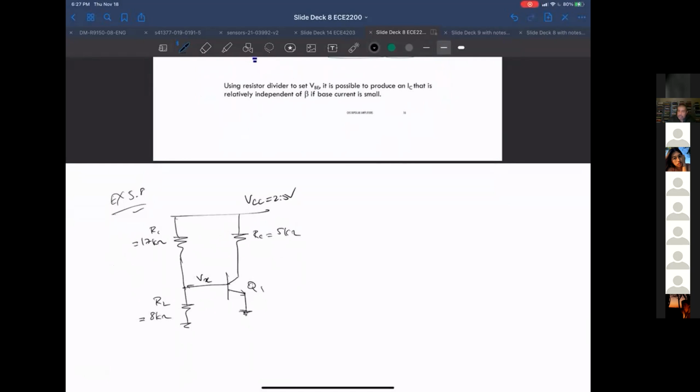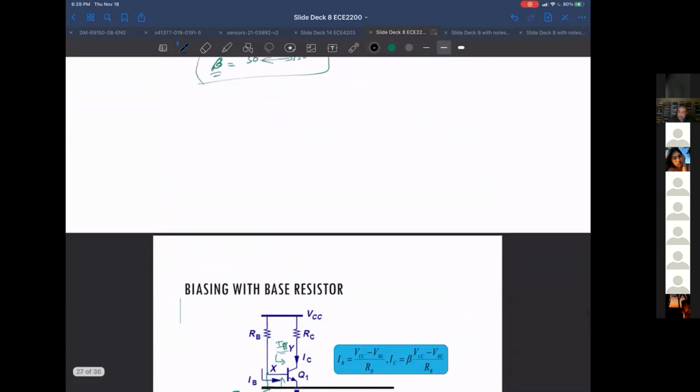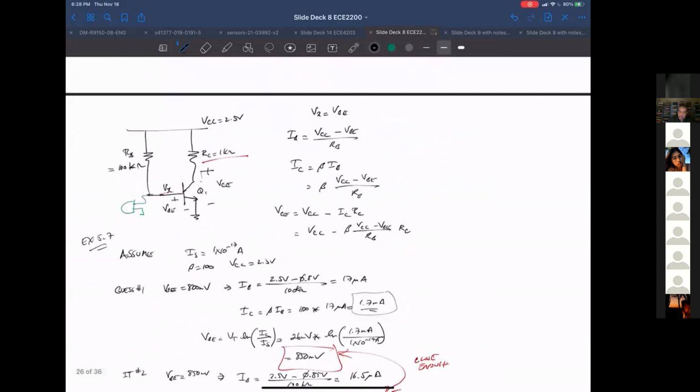So right off the bat, notice one thing. In the first example, I was using R sub B of 100 kilo ohms. The reason I was using 100 kilo ohms was because I wanted a fairly large voltage drop from a small I sub B. I knew my I sub B was going to be fairly small, so I used a pretty large resistor value to get a voltage drop here, down to roughly 0.8.